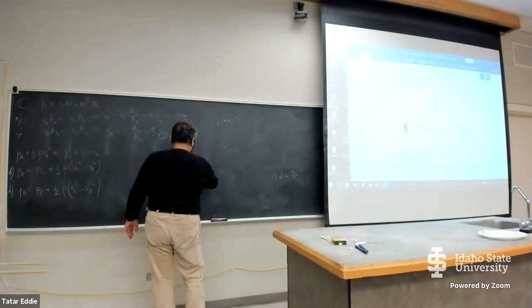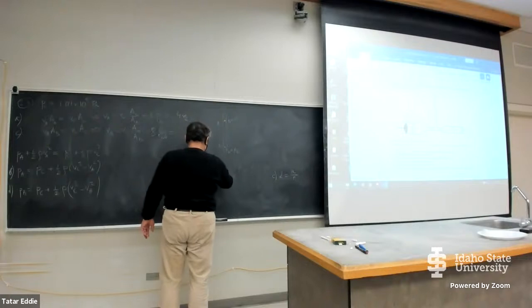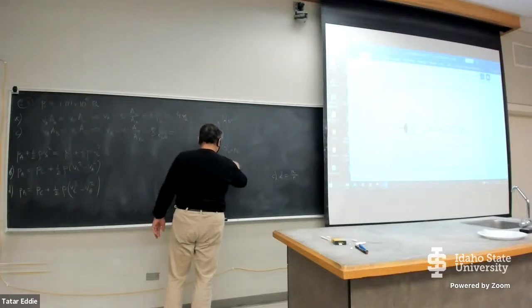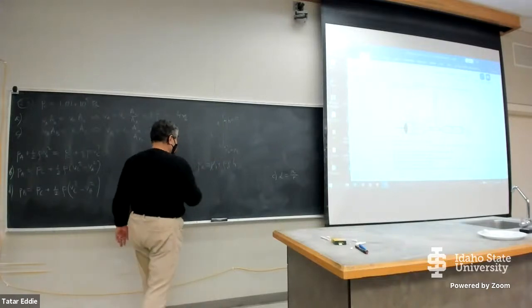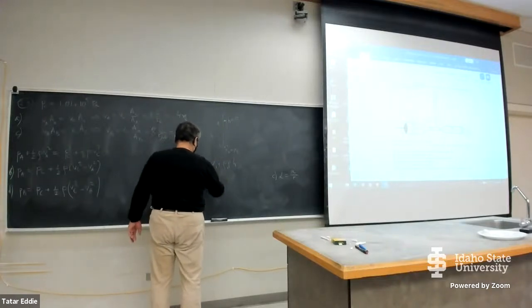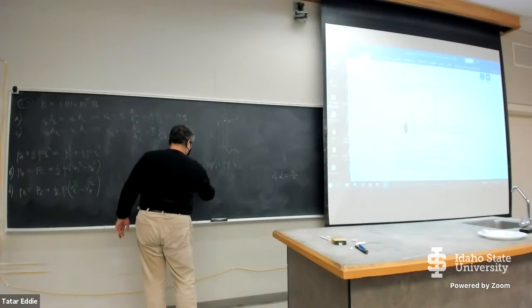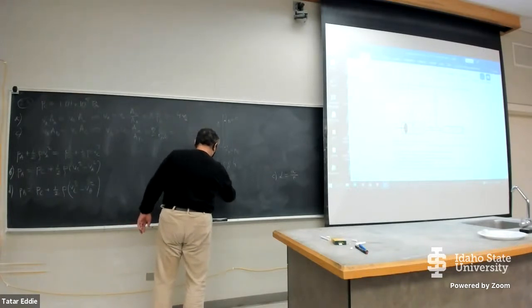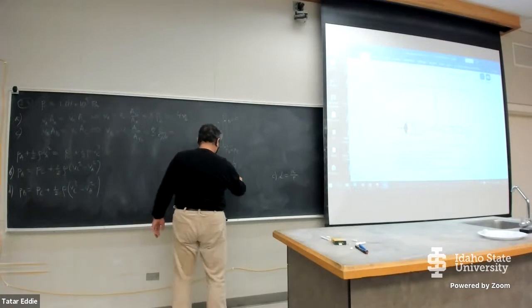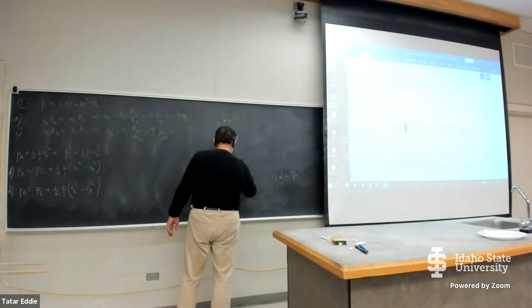So you have P2 is equal to P1 plus rho g h. P1 we said is 0. And therefore the height h is equal to P2 divided by rho g. So it is equal to the pressure at point B divided by rho g.